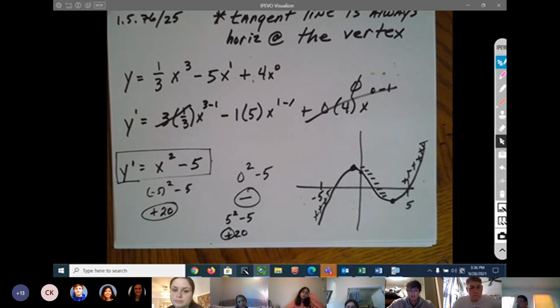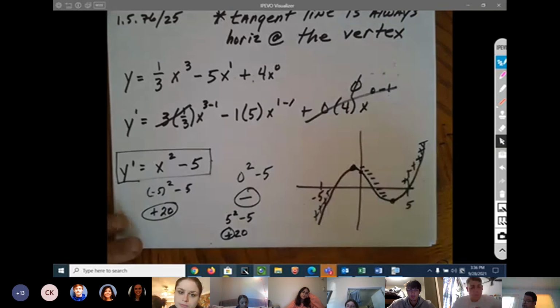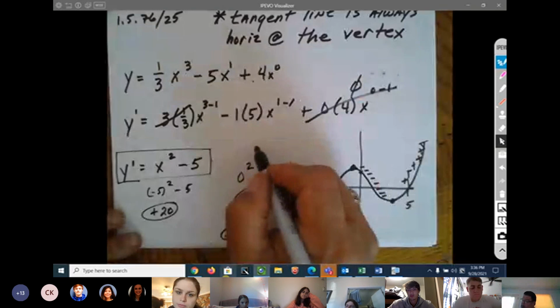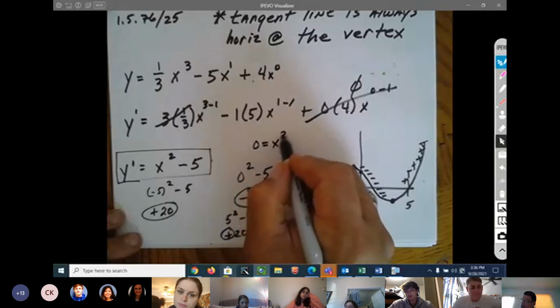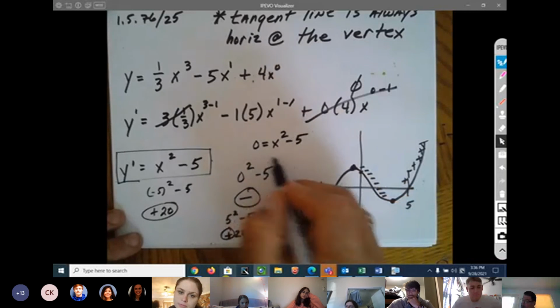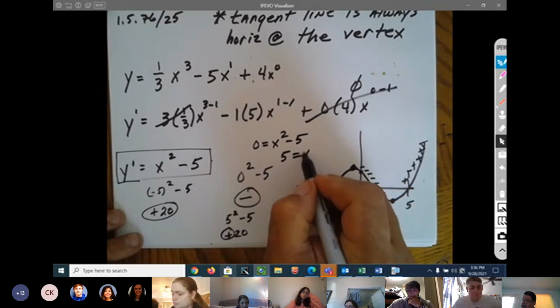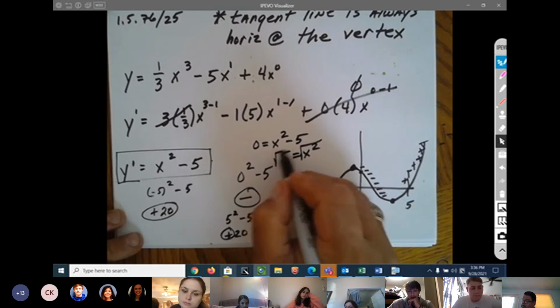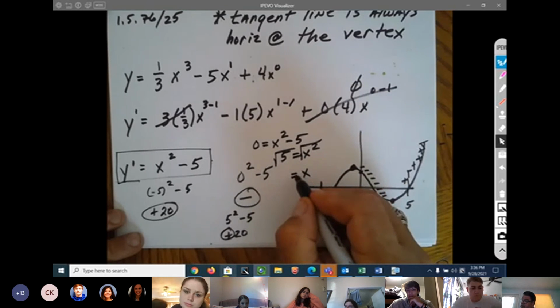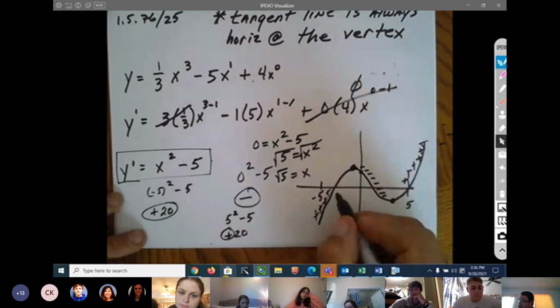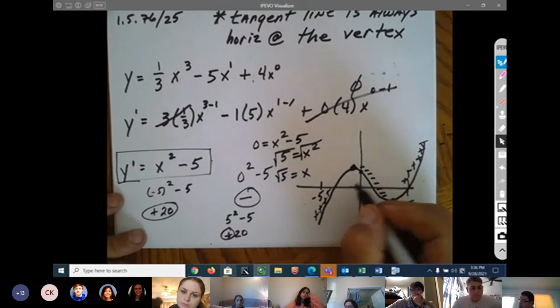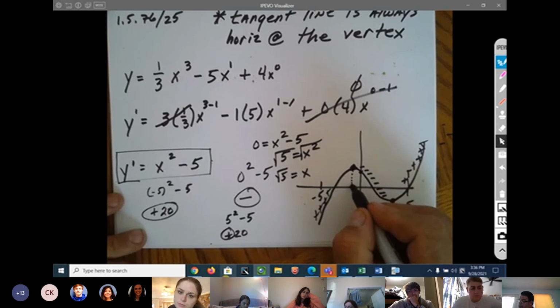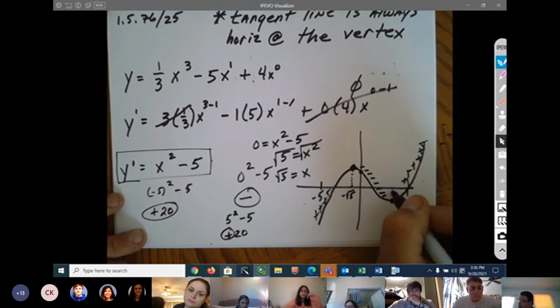Y at 0 is equal to x squared minus 5, so 5 is equal to x squared. X is equal to the square root of 5. So this point right here is probably the negative square root of 5, and this point right here is probably the square root of 5.